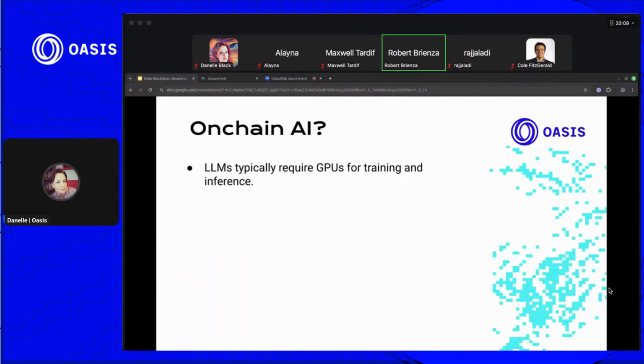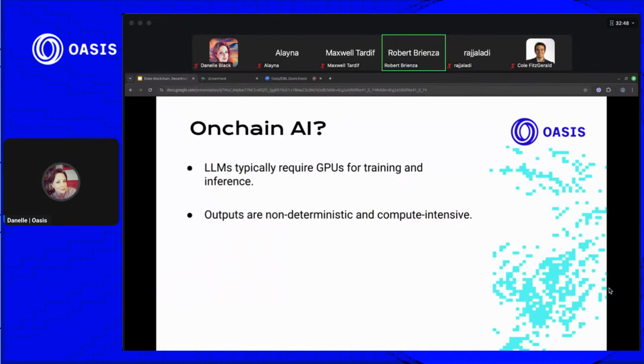There are ways that you can use a CPU, and for certain use cases, that's okay. Yeah, that is one hurdle. Maybe not an impossible hurdle, but it is one hurdle. With blockchains, they are all run on CPUs. The second thing is that their outputs are non-deterministic. If you give the same input to an LLM, you're not going to get the same output every time.